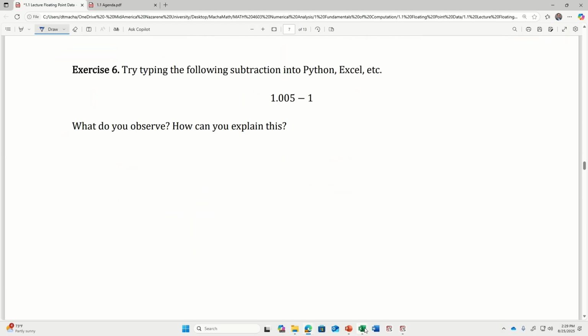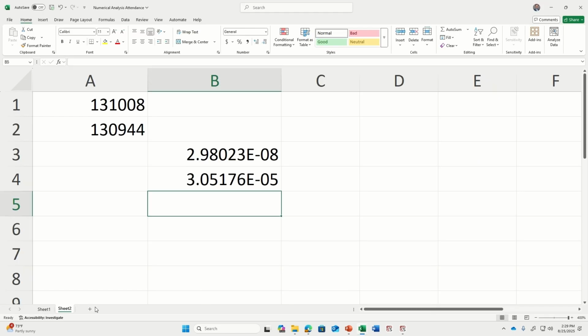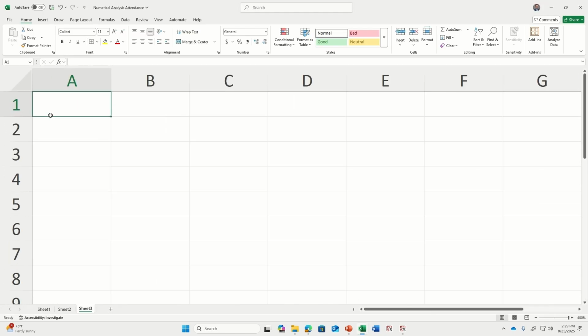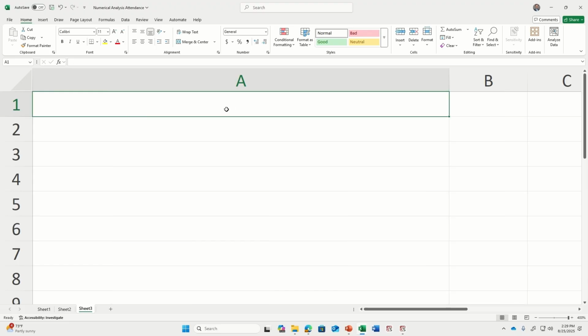Okay, let's do a little experiment. If I type in 1.005 minus 1, who can tell me what the answer is going to be here? Yeah, it should be, right? It should be 0.005.